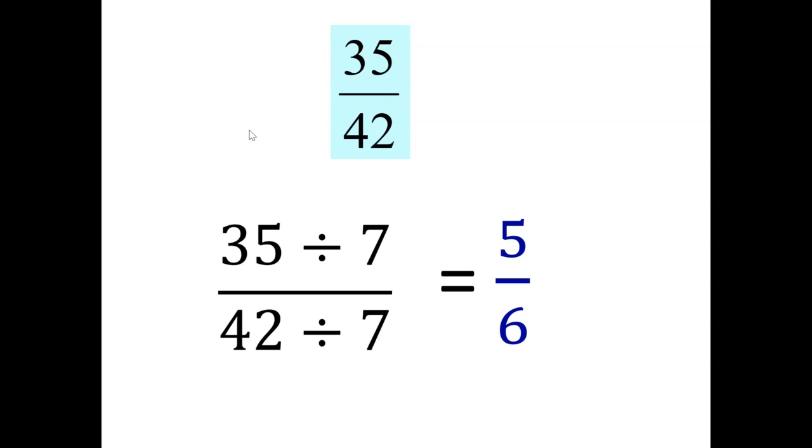And therefore, 5 over 6 is the lowest term for 35 over 42. Now you can try 120 over 72 on your own. You can pause the video. When you have your answer, come back.